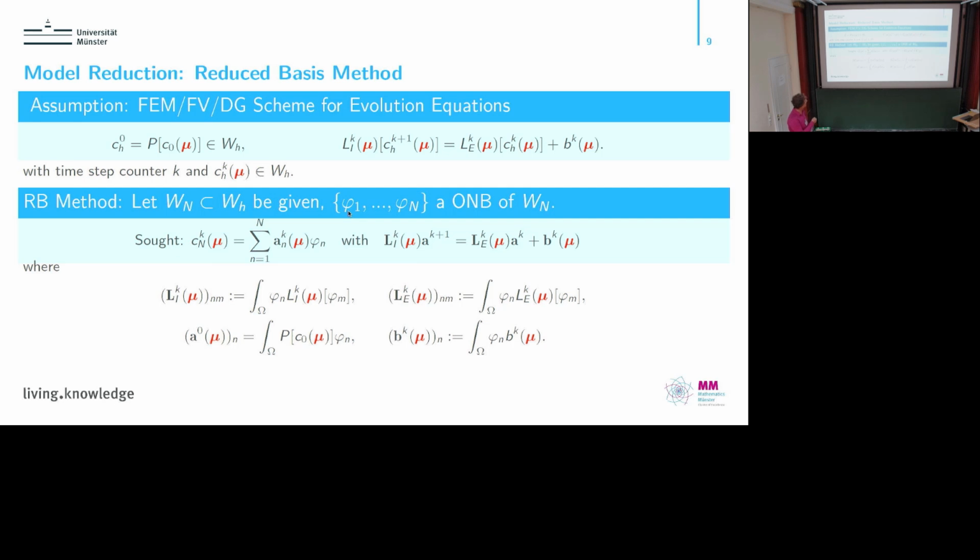And you see, if you compute these matrices, so this is the sampling step, then in this formalism this depends on the parameter. This means you would need to integrate on the domain, and this is a high-dimensional cost each time you pick a new parameter, and you need to do a little bit more to get rid of this high-dimensional cost, and this is what we call offline-online splitting.